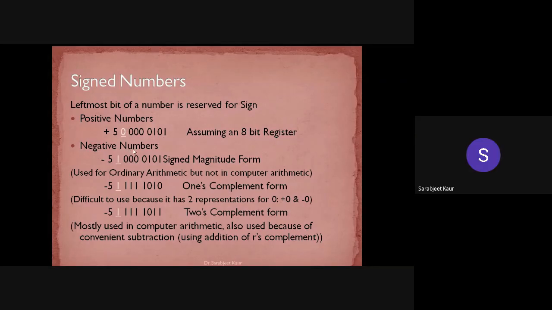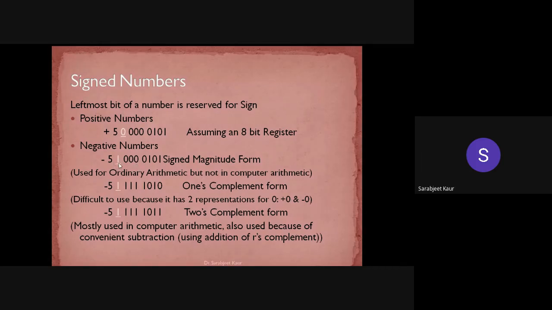Let's look at the negative numbers next. The simplest way to represent negative numbers is that we just change the sign bit. This is -5, so we just change the sign bit, and this is, as we all know, binary 5. This is known as the signed magnitude form for representing negative numbers.